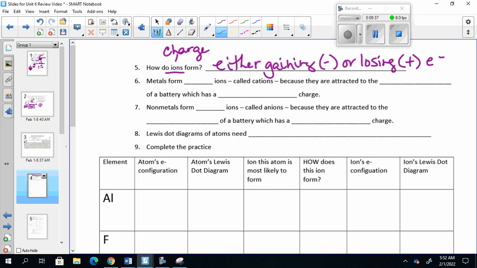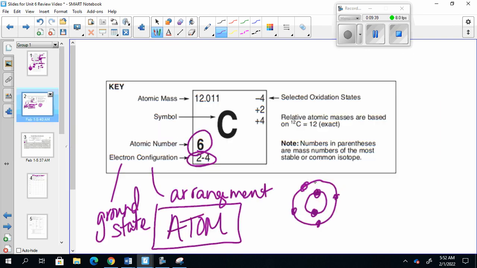So those particles here on the outermost part of our atom, so if I was carbon here, these 4, the goal is to get to that octet. 8 is great. That is what will make me stable. So you can either lose electrons to get there or gain electrons to get there.